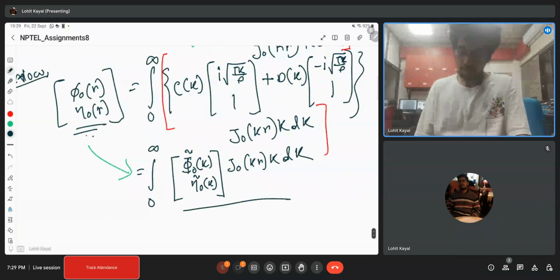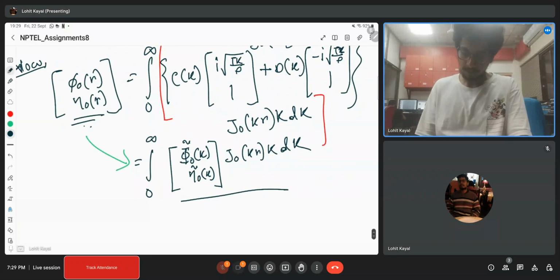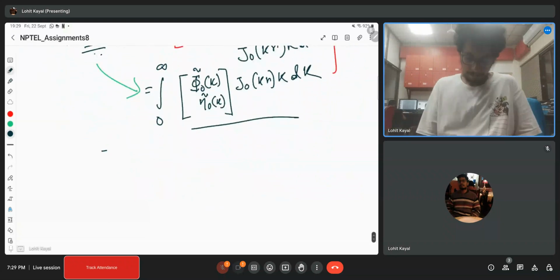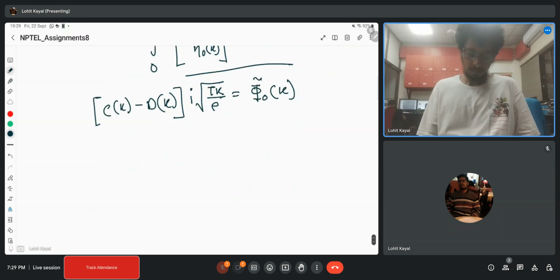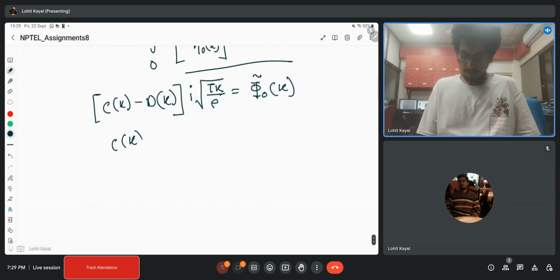So if I consider this right hand side and the left hand side, I will get (ck minus dk) times i square root of Tk by rho is equal to phi tilde of k, and ck plus dk is equal to eta 0 tilde of k.